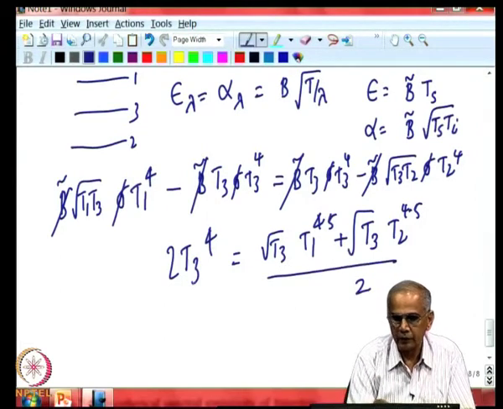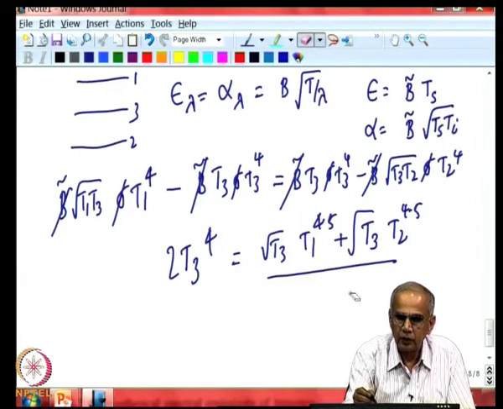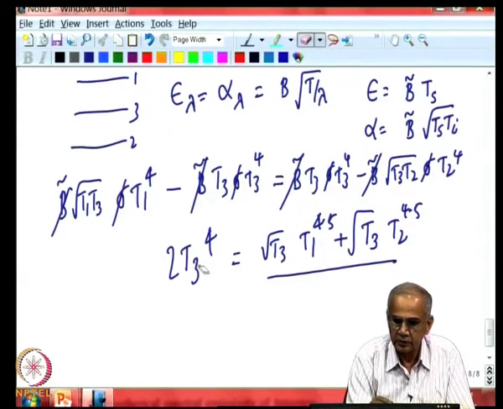So, you can take the root T 3 out here. I am sorry, by 2 is not necessary now, I will come to it later. So, now you take the 2 down and this T 3 to this side.